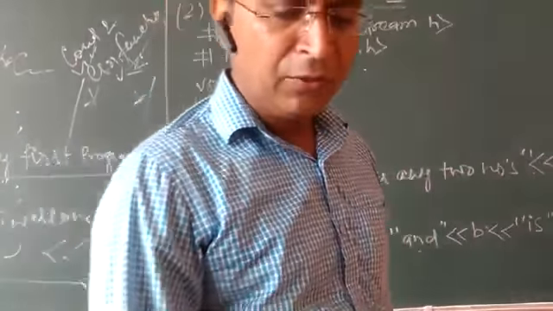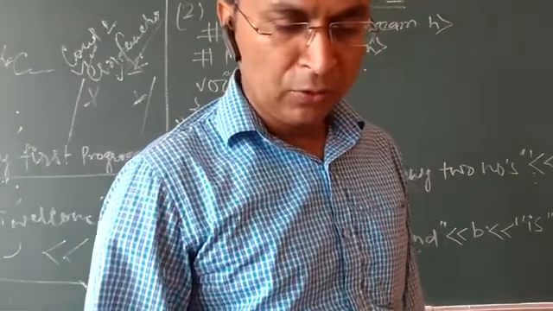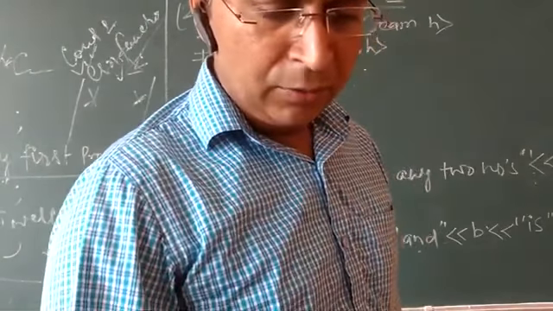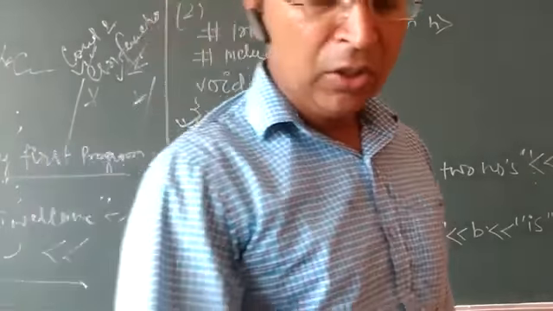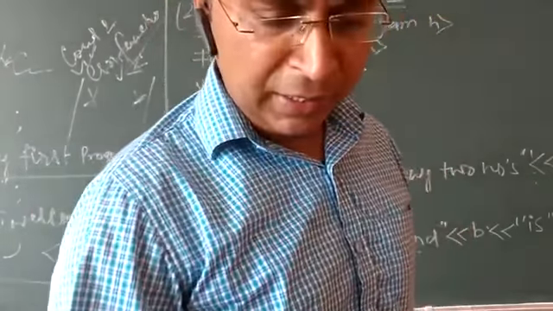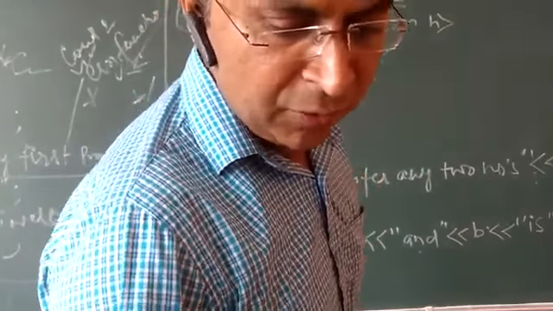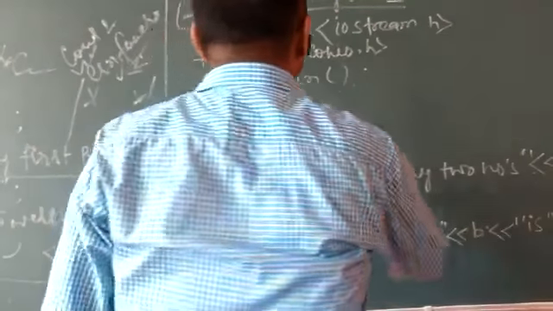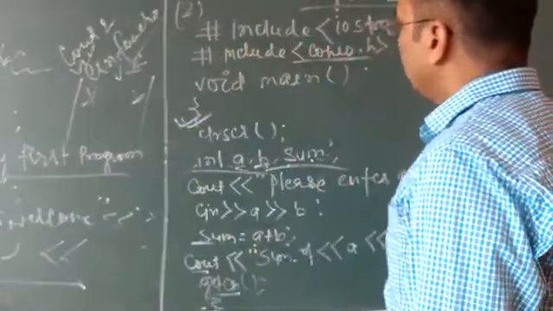So like that we can solve programs and also write programs. Here in this program, what we are doing is providing two numbers, and clrscr and getch are present in the conio.h header file.